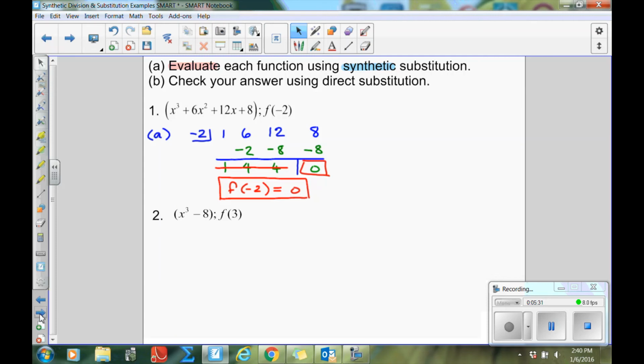We can check our answer using direct substitution. That's real substitution. That's when you literally take the function and plug in a -2.